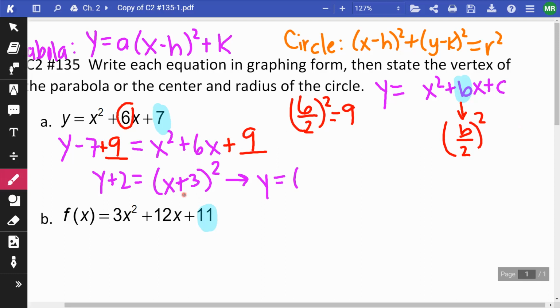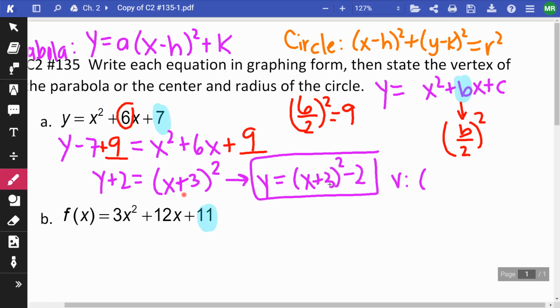And so I'm going to have y equals the quantity x plus 3 squared minus 2. That is going to be our answer. And then when they want us to identify the vertex, I'm looking at whatever makes this 0, which is going to be -3, comma, whatever is here, this is going to be our k, so it's going to be -2. And that's our answer.